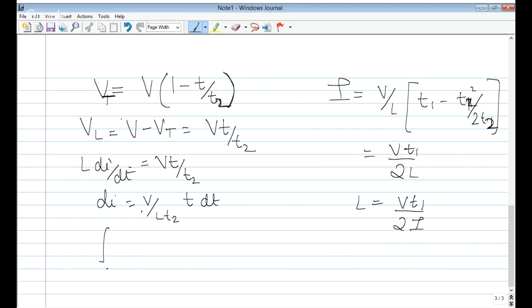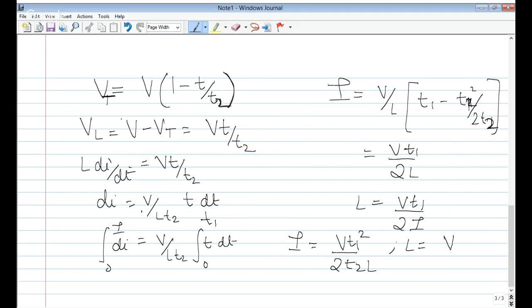Now when you integrate it from 0 to I, it will be V by L T2, integral T dt from 0 to T1, because current increases from 0 to I in 0 to T1. So I will be equal to V T1 square by 2 T2 L, which means L is equal to V T1 square by 2I T2. So that will be the value of snubber inductance L.